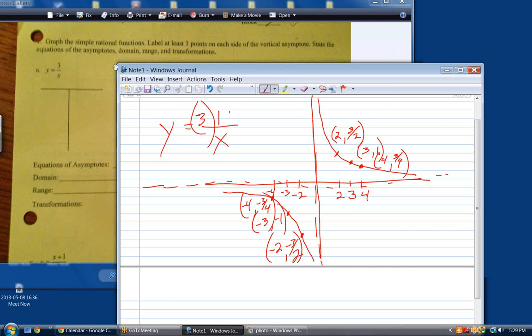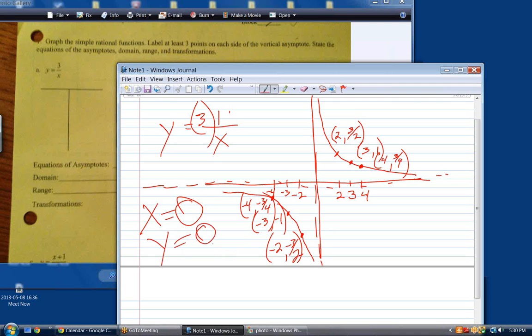Now, state the equations of the asymptotes. What's the equation of the vertical asymptote? X equals 0. In other words, all vertical lines are x equals some number. In this case, the vertical asymptote is on the y-axis, and the y-axis is x equals 0. What's the horizontal asymptote? Y equals 0.